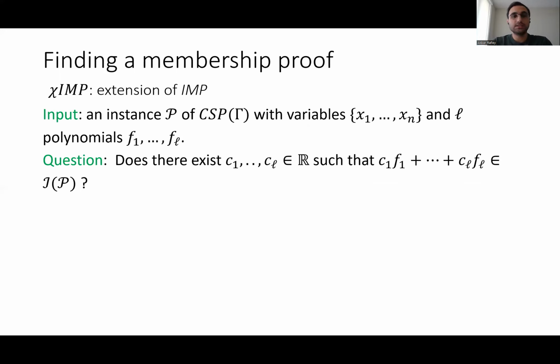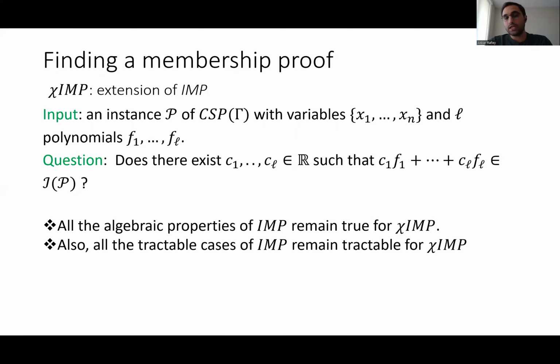Now the question is, do there exist coefficients C1 to CL such that C1 F1 plus all the way to CL FL belongs to the ideal? And it turns out all the algebraic properties of IMP remain true for XIMP. Also, all the tractable cases of IMP remain tractable for XIMP.